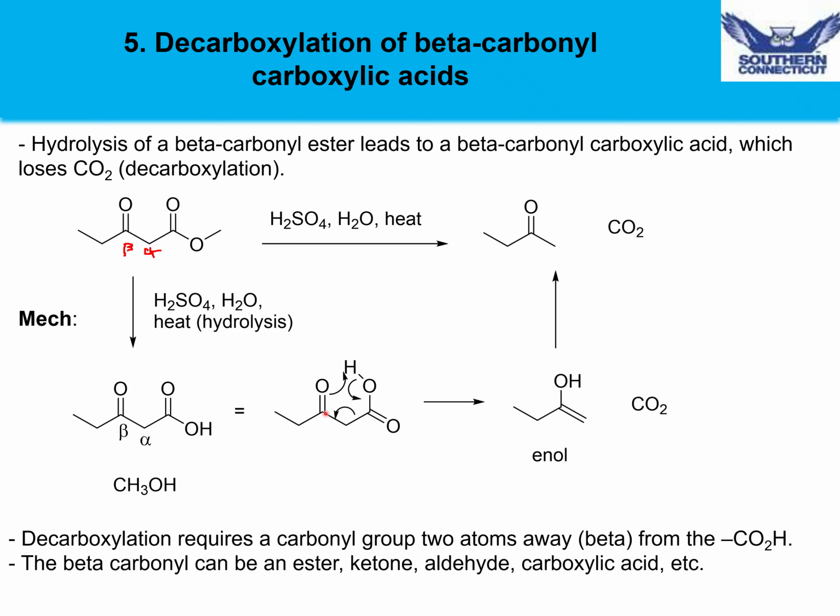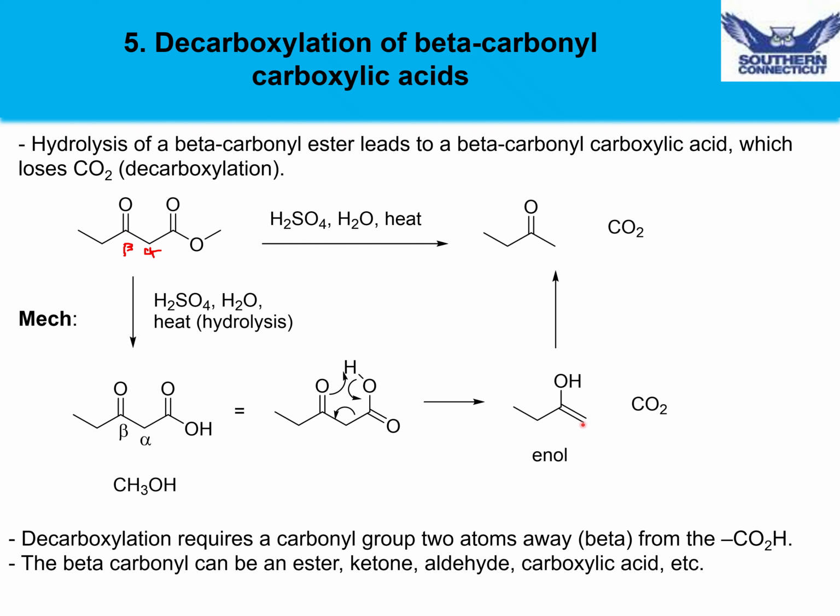So we have a double bond, and we are turning this carbonyl into an OH. So that's our enol. And then from the right side, this becomes a CO2 molecule. So this carbon is double bonded to this oxygen, as well as double bonded now to this oxygen. So you have now CO2. So we have essentially removed this carboxylic acid from the right side of the ketone.